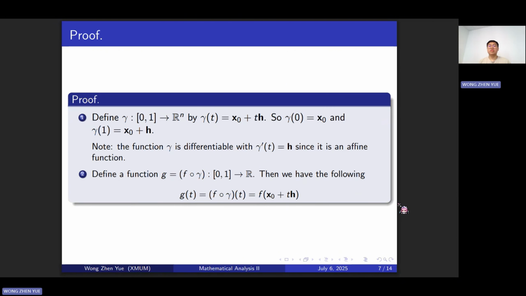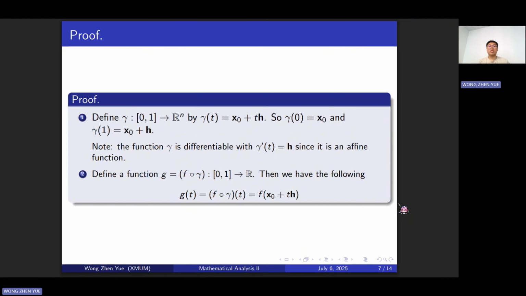And before we start our proof, let's talk about the idea in this proof. I will change the problem from a multivariable function into a single variable function. And then we can apply the mean value theorem we're familiar with, which is the single variable one.